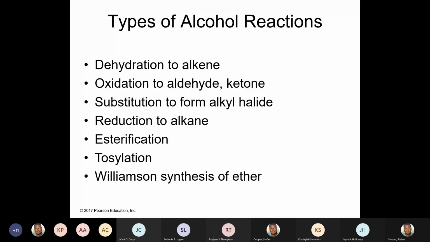We'll talk about those shortly as well. We can do substitution reactions to form alkyl halides. We can do reductions to form an alkane. We can do esterification. We can do tosylation, and we can do a Williamson ether synthesis. And those last three reactions fall into the class of reactions at O.